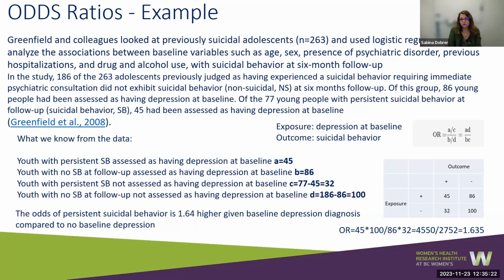The sample was 263, and they used logistic regression to analyze the association between baseline variables such as sex, presence of psychiatric disorder, previous hospitalization, and others with suicidal behavior at 6 months follow-up. Here I'm only going to show you unadjusted estimates.